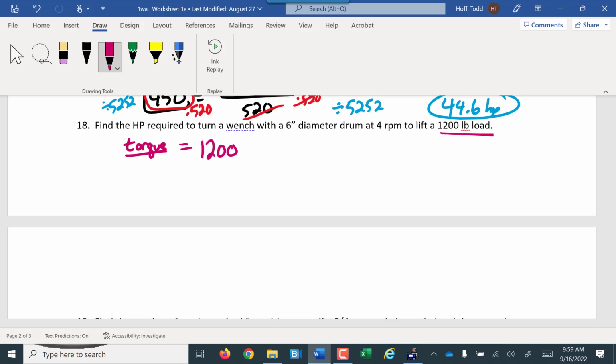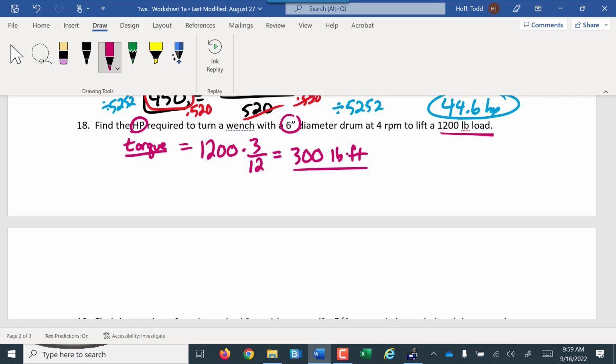What's our moment arm? 3, half of the 6-inch diameter. Now that is in inches, so we have to divide by 12. Perfect. So 1,200 times 3 over 12 is 300 pound-feet of torque. So that's the required torque.